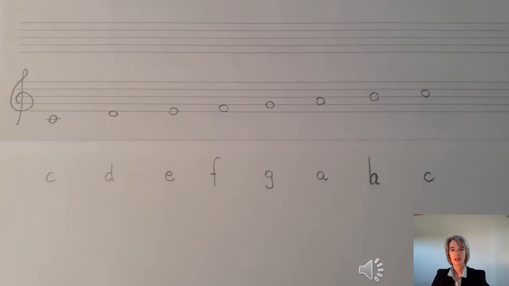The names of the tones are C, D, E, F, G, A, B, and C. It looks like a mistake at the B, because it's hard to see if this is a B or an H. The reason is because in German the B is called H. But this doesn't have to bother you. Let's go on with the intervals.